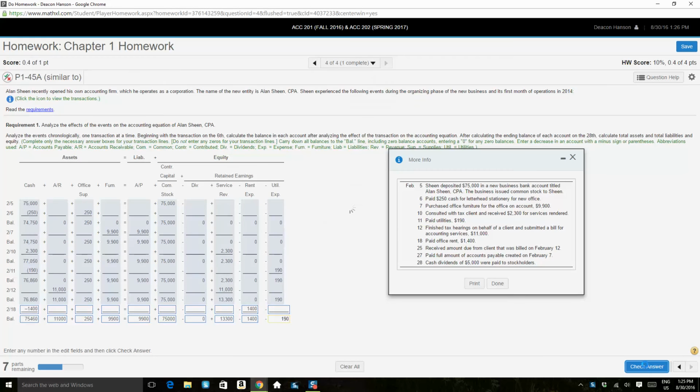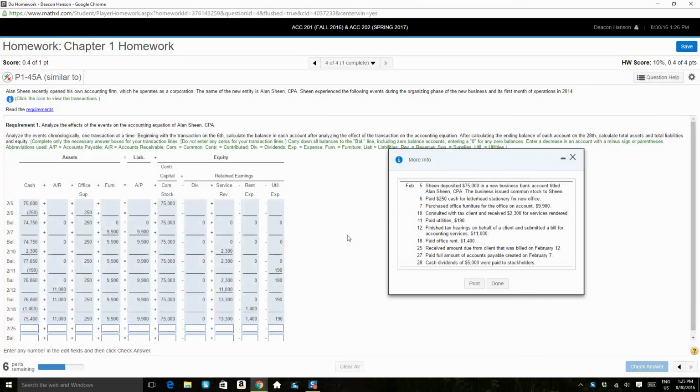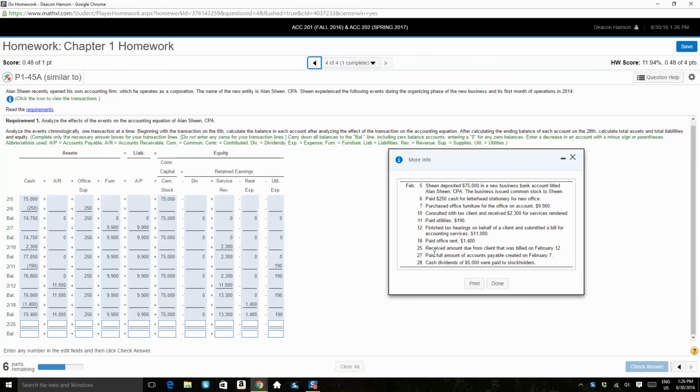Received amount due from client that was billed on February 12th. So this requires that we take a look back here. February 12th, we billed the client 11,000. That's sitting in AR. Now we're going to collect that. So what happens is we're receiving cash of 11,000, and then this amount that's due to us is going to be decreased.